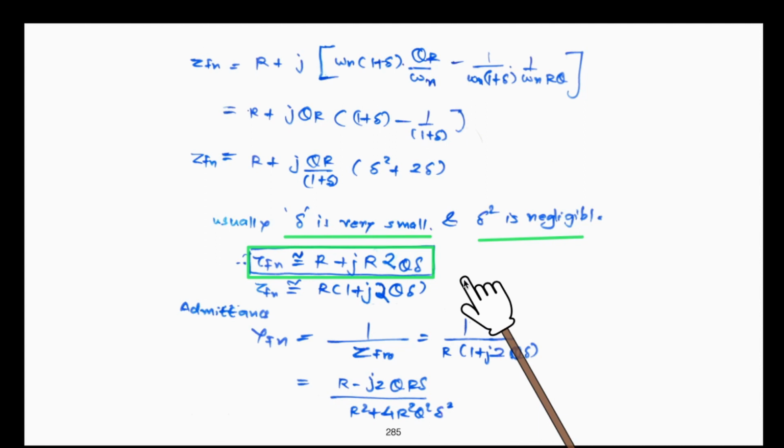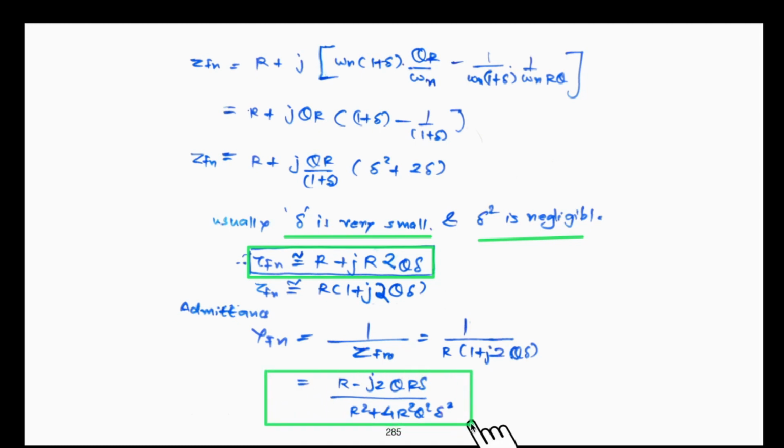So a bit of simplification occurs in the equation for the filter impedance, that is R plus j twice R Q delta, isn't it? And from this impedance value we evaluate the admittance. So this is a bit of a derivation part, so you can understand it. The main steps I am just explaining here, but you have to revise it slightly in order to understand it better.